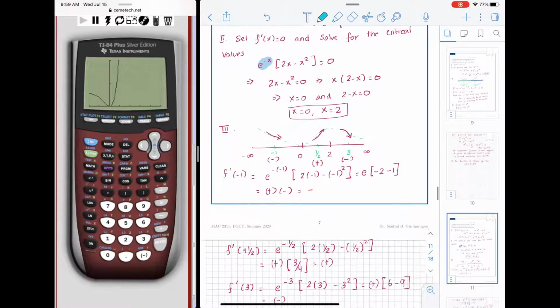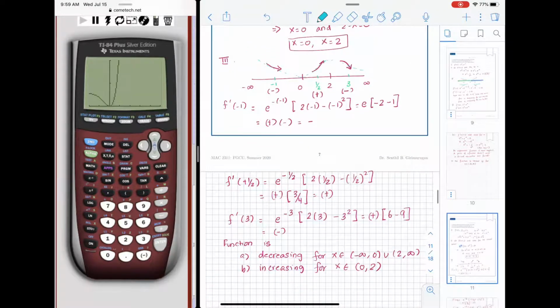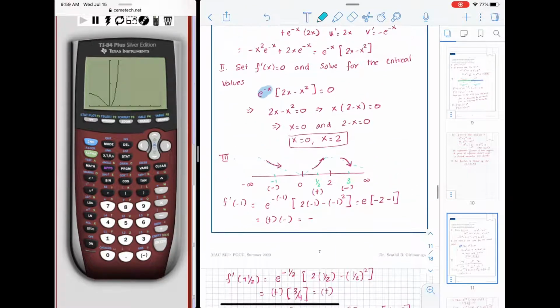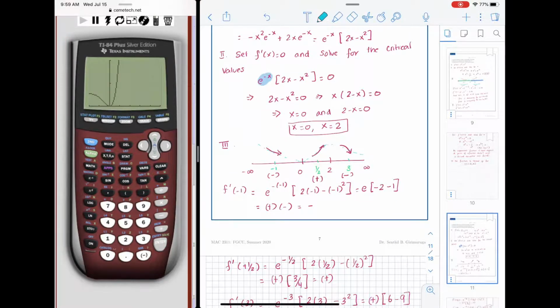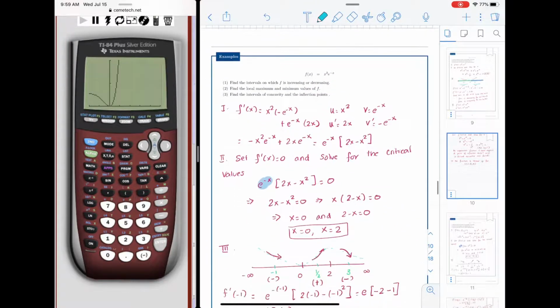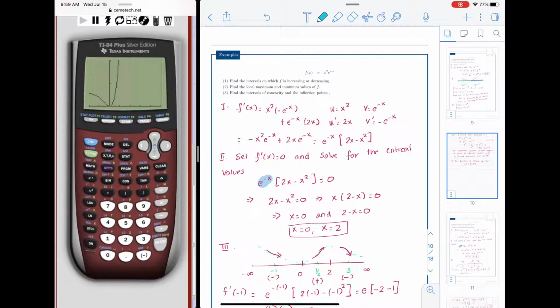That is a negative number. Let's try this again. I just want to check and make sure that we did everything right. Most of it matches up except at 3. Let me adjust the window to make sure we're doing things right.